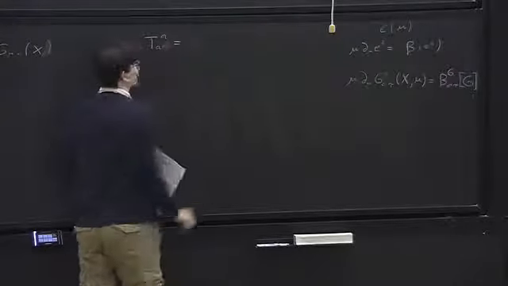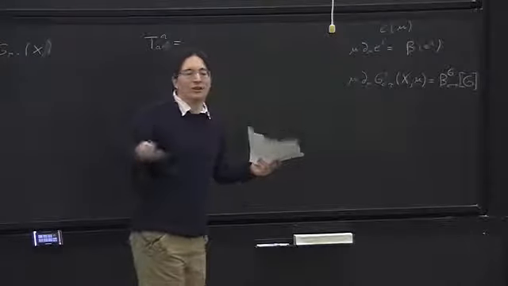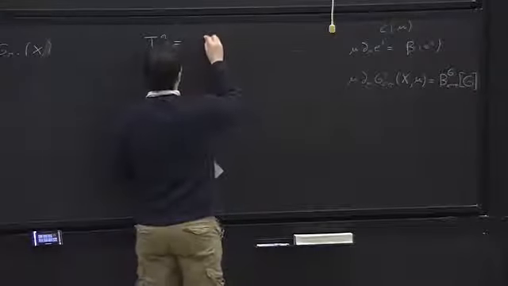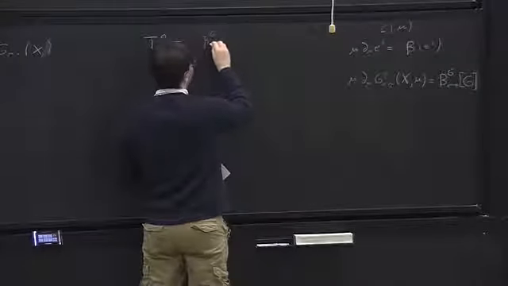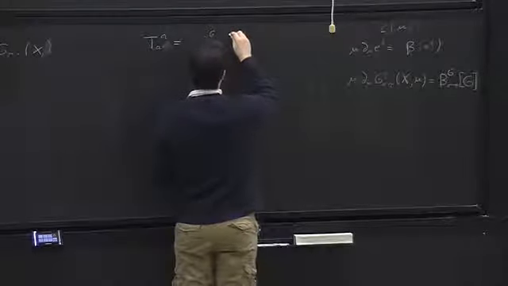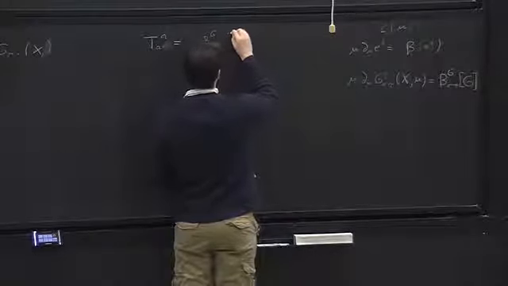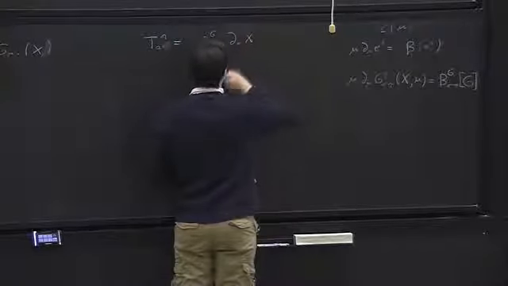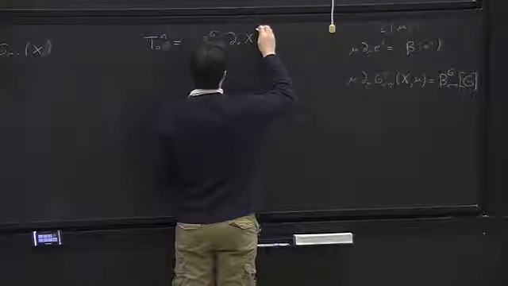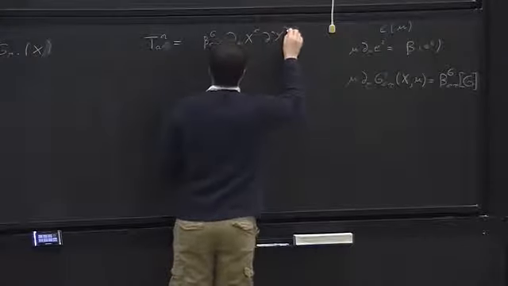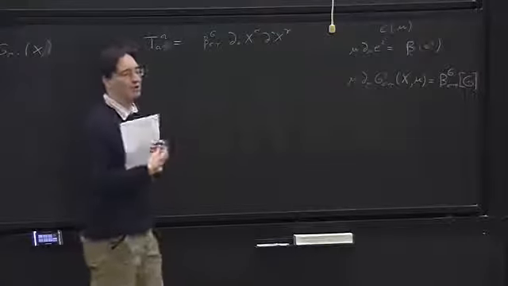You can say that the trace of the stress tensor is not zero in your theory, but quantum mechanically it becomes something non-zero. For example, it might acquire a contribution that is non-zero and proportional to this operator.